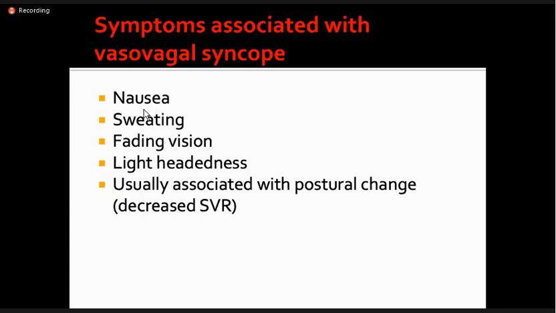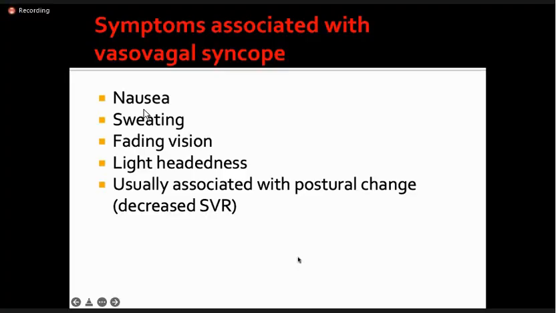And from the history, many a time, this episode may be associated with postural change, so when the patient is standing up from sitting down or from lying down, that's when the syncope might occur. So just from the description of the syncope, you may get a clue that this is a vasovagal episode and nothing really to worry about.